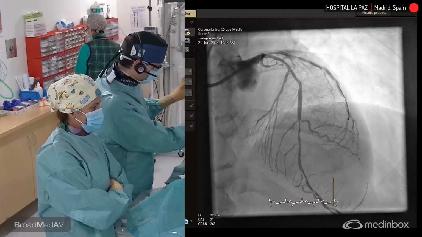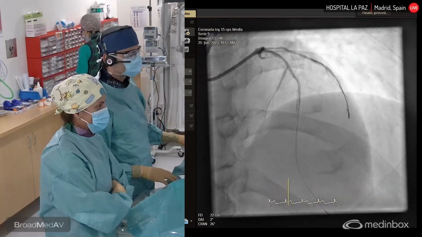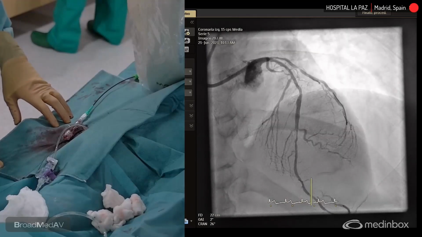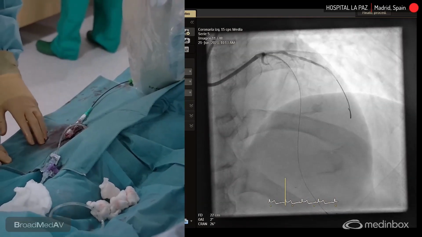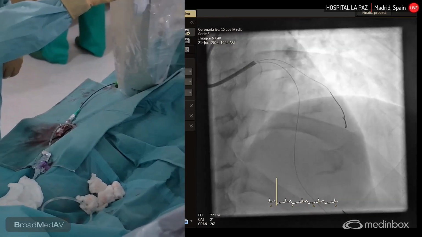So the setup, which I forgot to explain, is a radial approach, 6 French with an XB 3.5 guiding catheter and 2 Cyan Blue wires in the LAD and also in the intermedius branch.